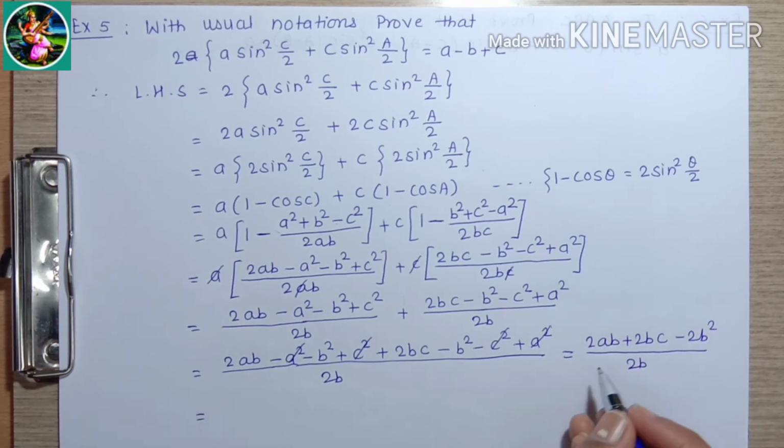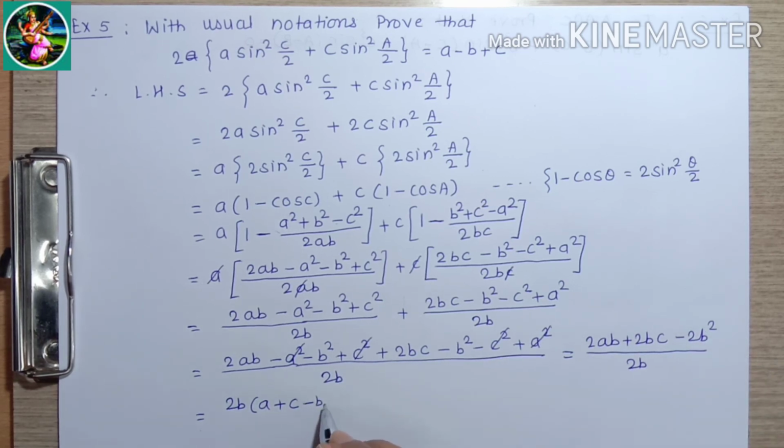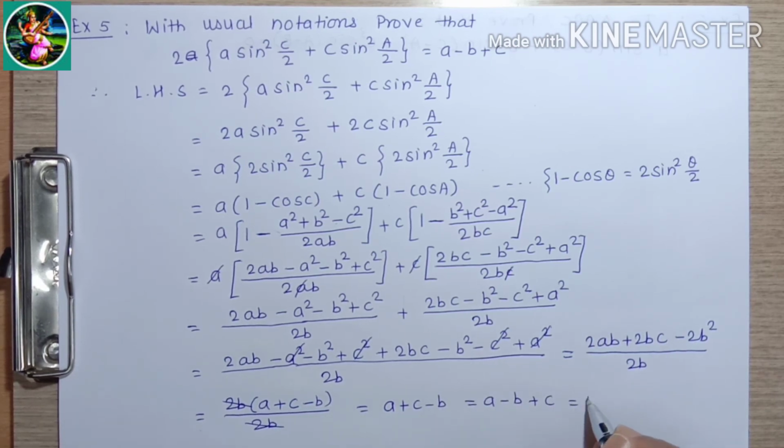Now we take 2b common from the numerator, that is 2b into bracket, here remaining a in the first term, here remaining plus c, and if we take 2b common from the last term, here remaining minus b, and this divided by 2b. That 2b gets cancelled, here remaining a plus c minus b, that is a minus b plus c, and that is our RHS. Hence we proved.